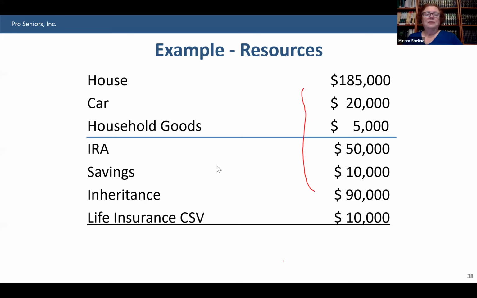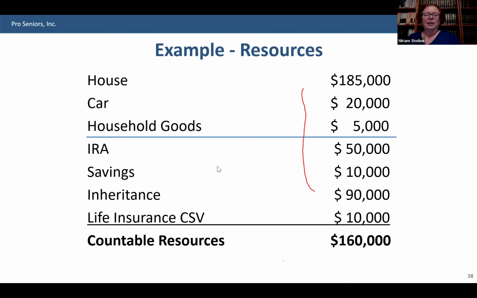So our first thing, we've listed all these things. And step one is to scratch off the excluded resources to come up with the countable resources. And the answer I've got is $160,000.